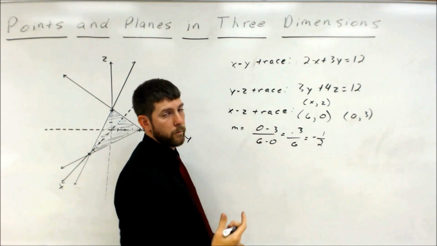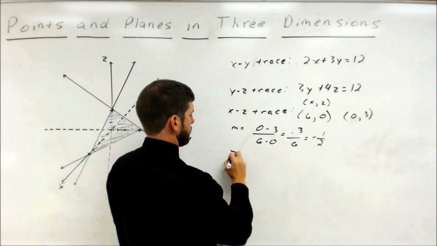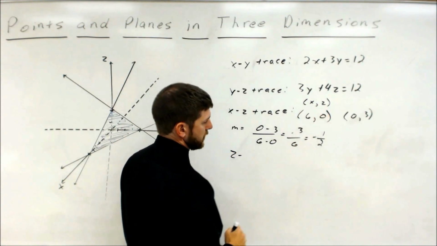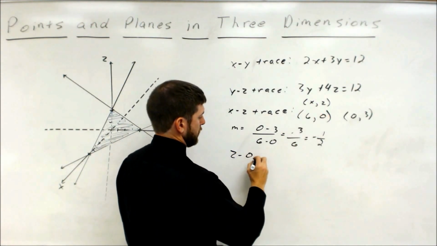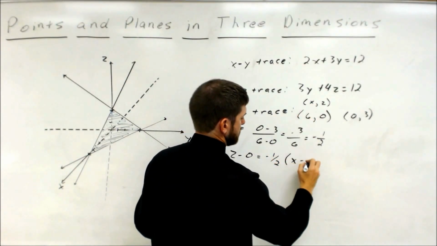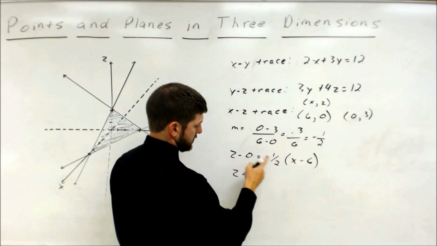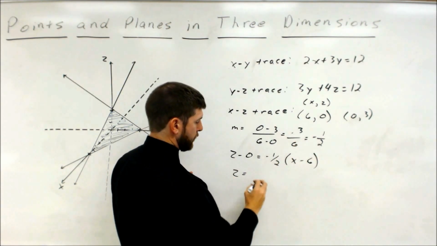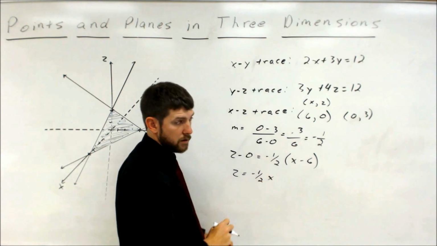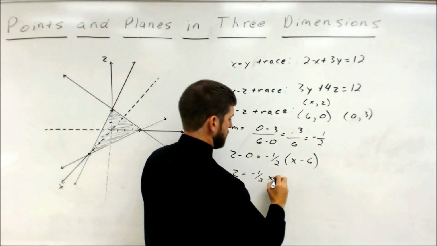Then it's not y minus y1, it's z minus z1, because z is our second coordinate. Equals the slope times x minus x1. Do the arithmetic. Z minus 0 is z. Negative 1/2 when we distribute it gives us negative 1/2 x, negative 1/2 times negative 6 is positive 3.